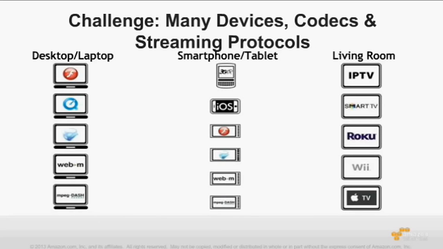But if you want to deliver your video content to the widest possible viewer base, you need to think about how you will support delivery to all of these various devices, whether those are desktop or laptop devices, smartphones or tablets that are getting increasingly popular for consuming video content, as well as devices that are sitting in the living room, whether that's a television device or a game console.